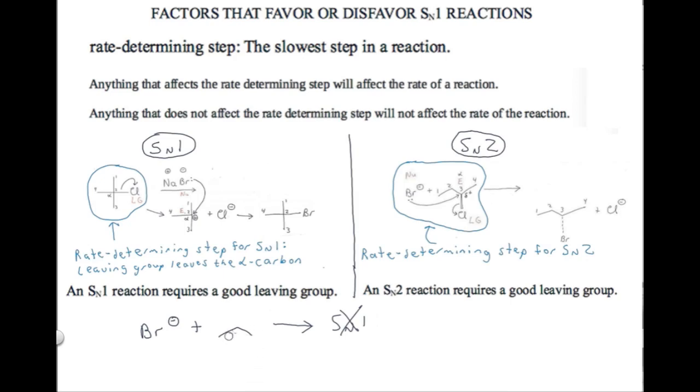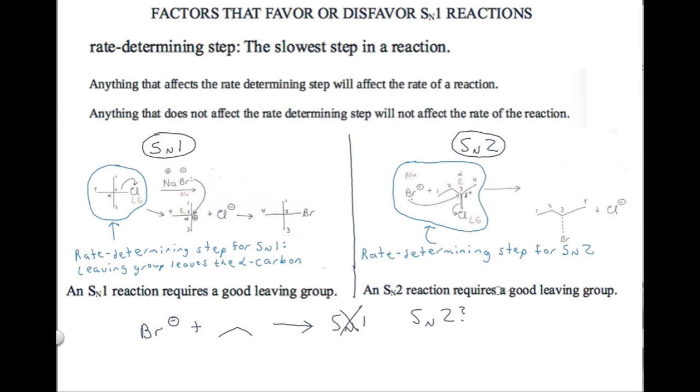This substrate cannot participate in an SN1 reaction because it doesn't have a good leaving group. All it has is neutral carbons and neutral hydrogens. Well, most neutral atoms are not good leaving groups. We've never learned that a neutral carbon or a neutral hydrogen can be an acceptable leaving group. So no, this does not have any acceptable leaving groups. How about SN2? Could these starting materials carry out SN2? Answer, no. Why not?